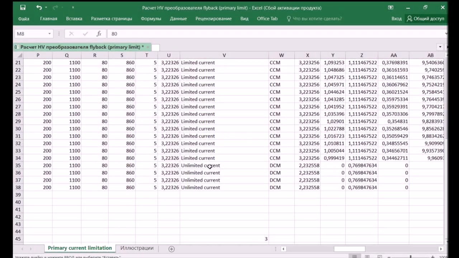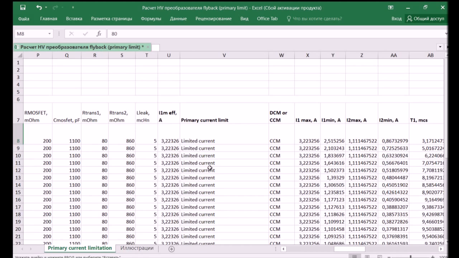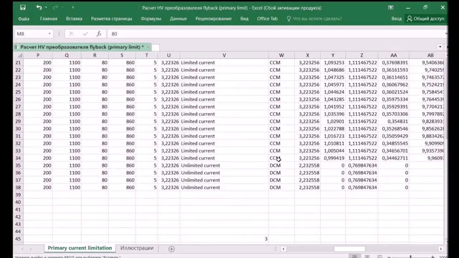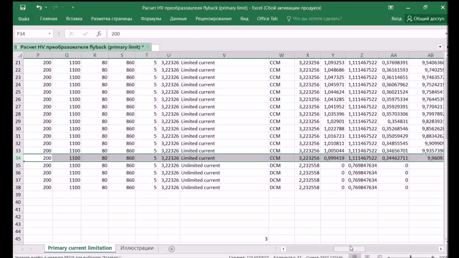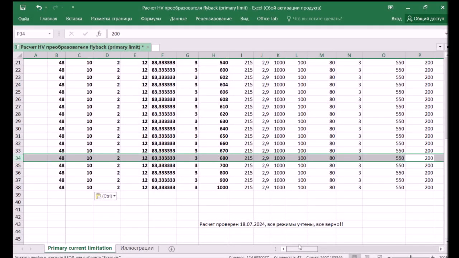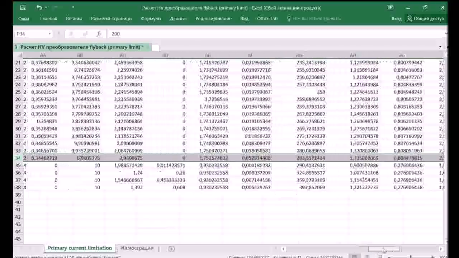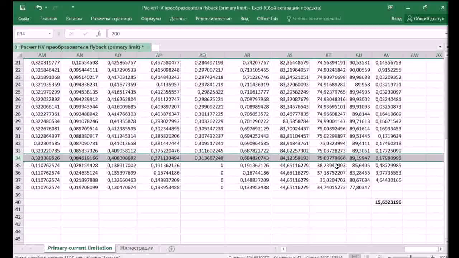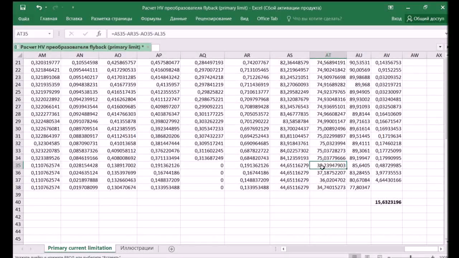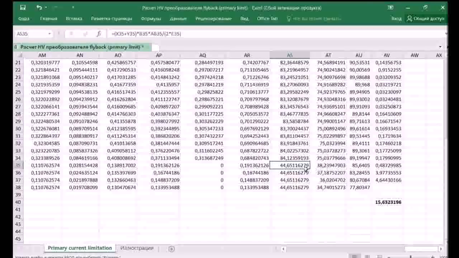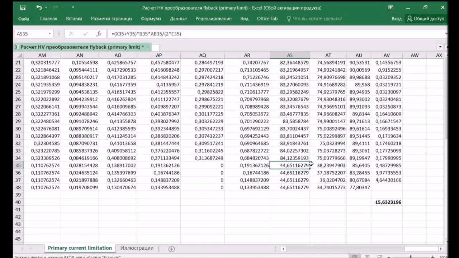We can see that in this mode we have CCM until the output capacitor is charged to 680 volts, and then it goes to DCM mode with unlimited current, and we see that at this point the input and output power decreases abruptly from about 80 watts to about 40 watts.